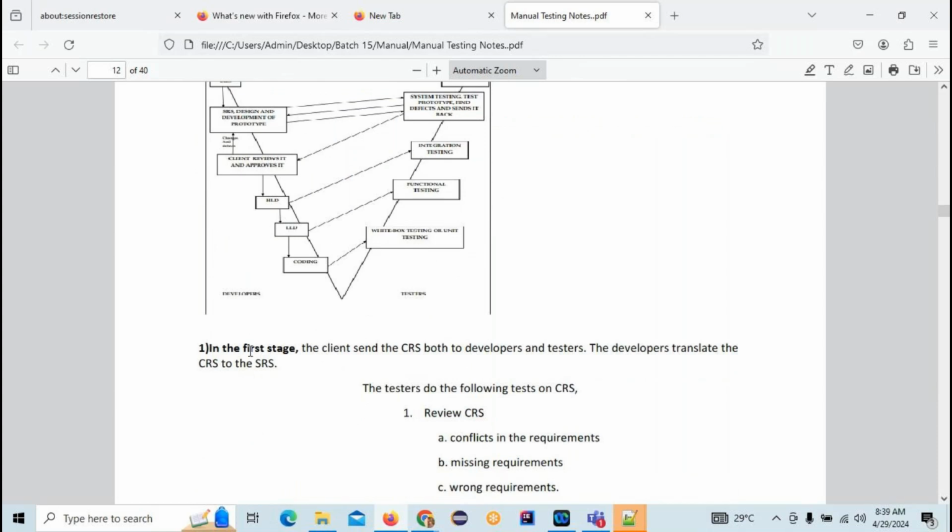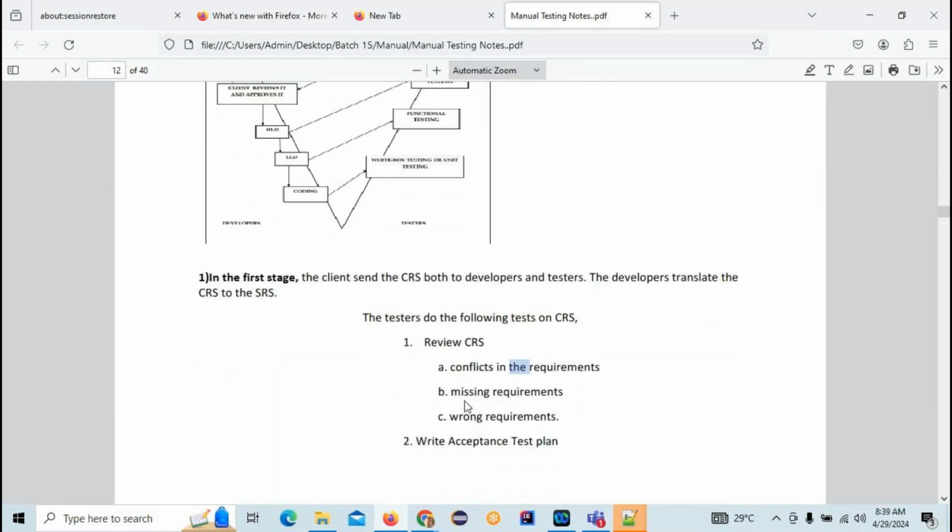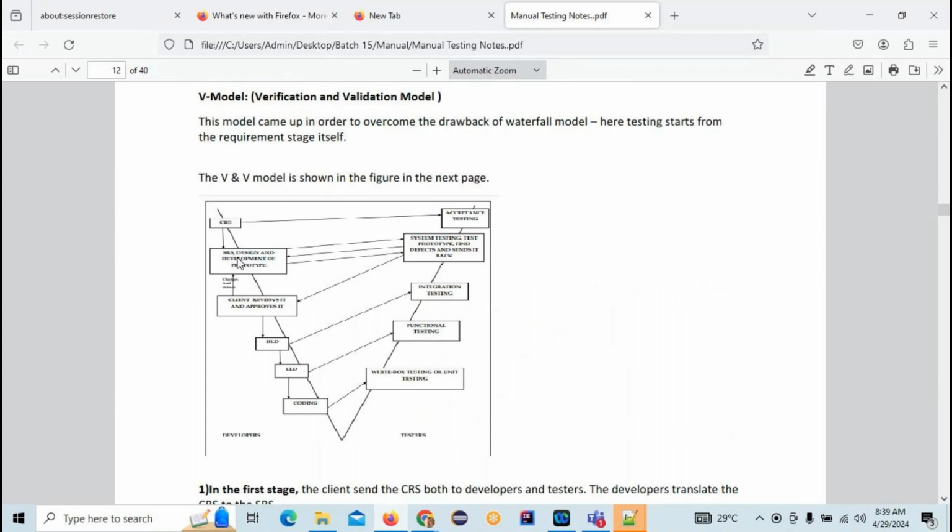Here you can see in the first phase, the client sends the CRS both to the developers and testers. The developer translates the CRS into the SRS. But at that moment, the tester will review the CRS to see whether the requirements conflict with anything else, or whether any requirements are missing or wrong. Once the developer has converted the SRS document, the developers will go to the client to review and approve it.